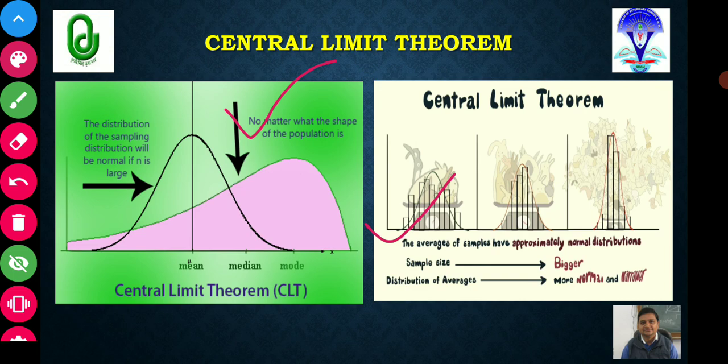Like that you have drawn a large number of samples, with different combinations of individuals, from that group of 100 individuals. So the means of these samples that you have drawn will be normally distributed. When the number of samples is very large, this will follow normal distribution. This is the concept of the central limit theorem.